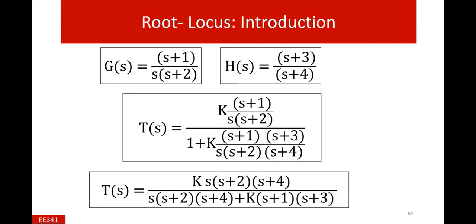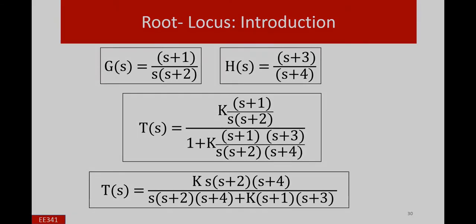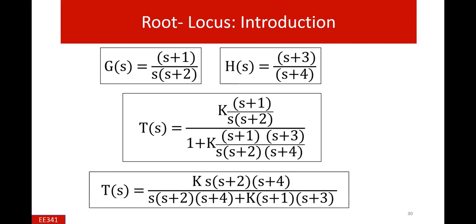From it we can clearly find the zeros: one zero at 0, another at -2, and a third at -4. But what about the closed loop poles? We cannot describe the poles of the transfer function unless we define the final value of k. So it is totally dependent on the k.